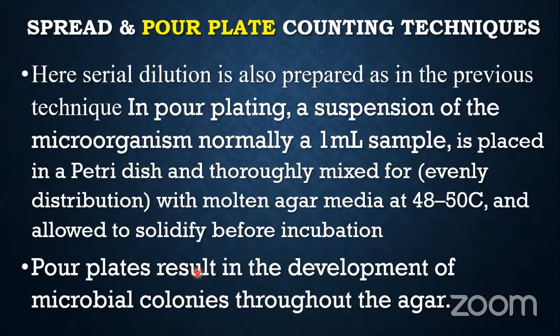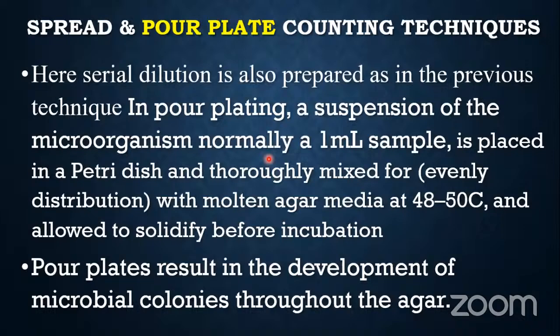So when this is allowed to cool to about 40 degrees, which is not yet solidifying, the microbial cell is now introduced. 1 ml of it is introduced into it, and it is gently mixed together, then poured in a petri dish and allowed to solidify.